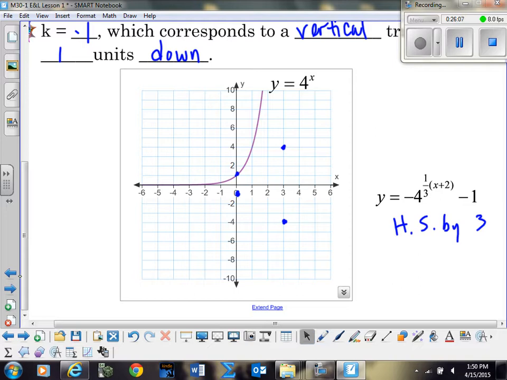So now we still have the horizontal asymptote at 0, but when we go down 1, left 2, down 1, left 2, that horizontal asymptote has now moved down 1. So picture the horizontal asymptote here, and the graph going through these 2 points.